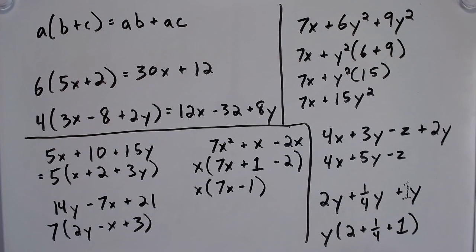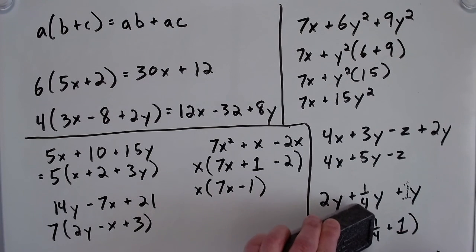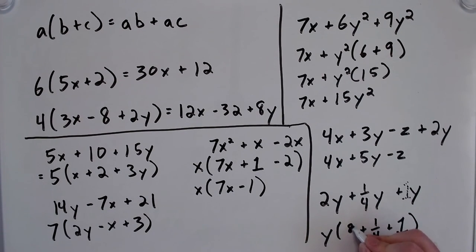So I've factored out a y. So we could add this up, but let's find a common denominator. And I'm running out of room. Oh no. So I'm going to actually rewrite 2. How would I rewrite a 2 with a 4 on the bottom? I'm going to rewrite this as 8/4. Right? 8/4 is 2. Just leave the 1/4 alone. How do we rewrite the 1 with a 4 on the bottom?